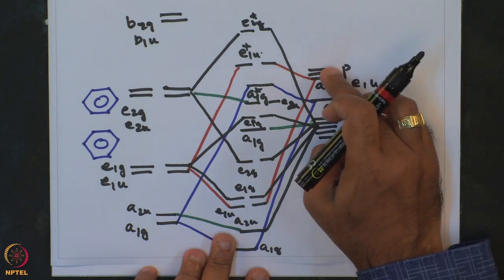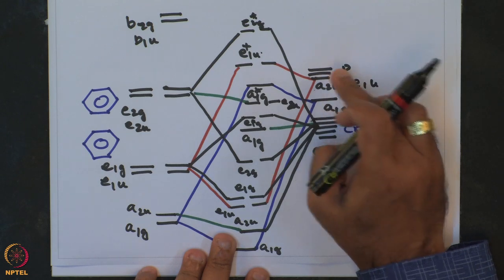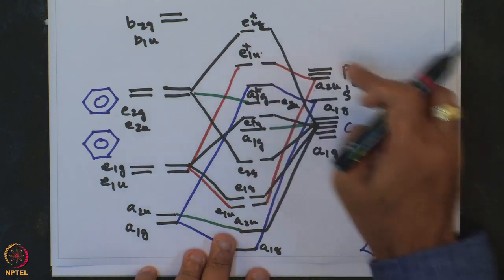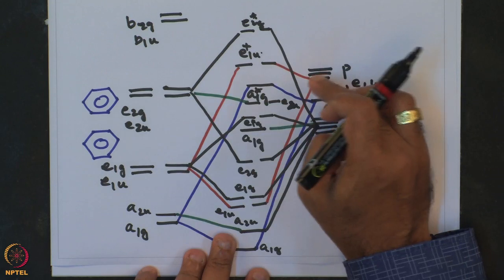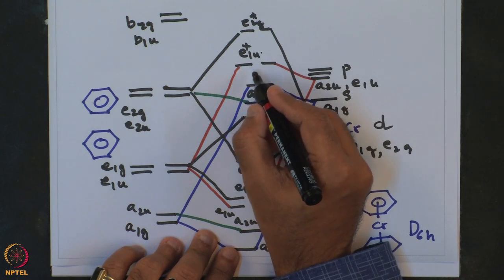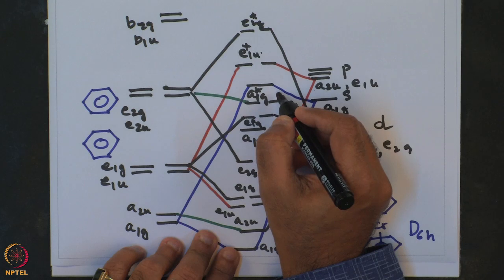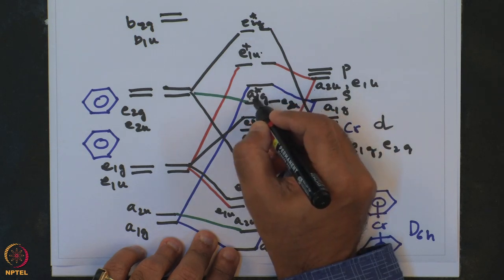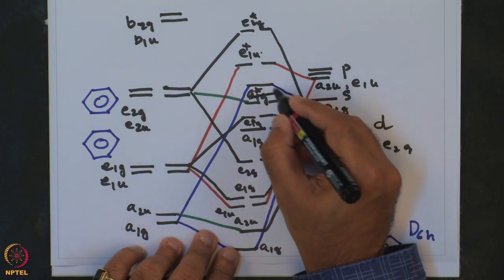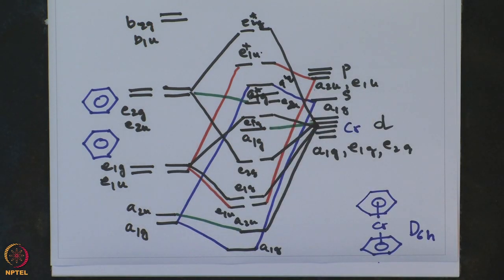Similarly, E1g is interacting, and A2u is non-bonding, somewhere here.